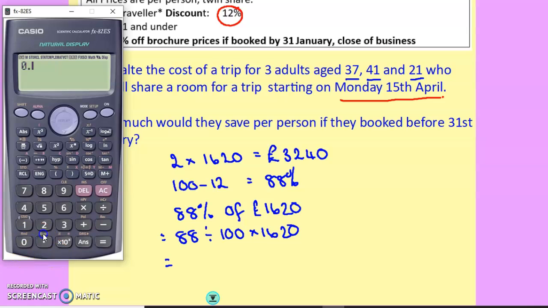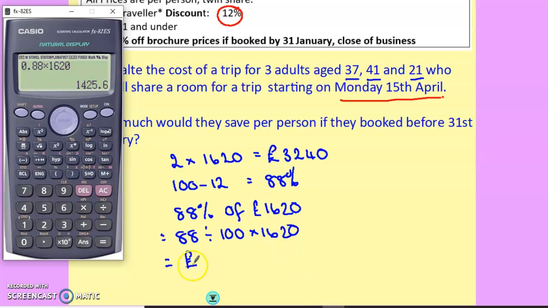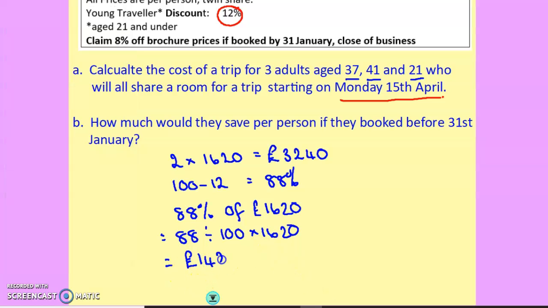Okay, so 88% of 1620, you can, if you prefer, do 12% and then take away. Oh, I always forget that disappears, 142560. So my young person pays £1,425.60.